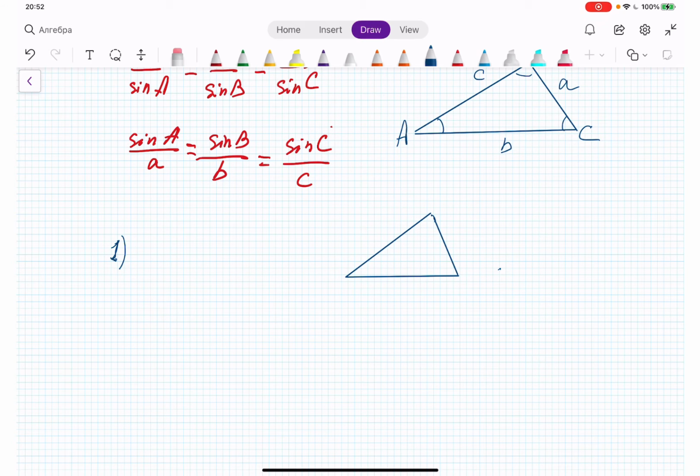We have here 60 degrees. Here we have 40 degrees. And here we have angle C. Okay, so this is C. And here we have side 4.